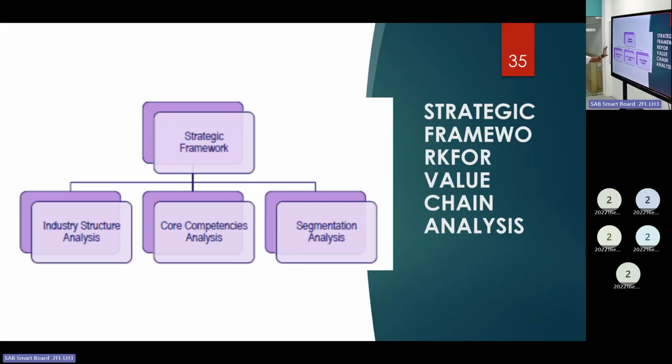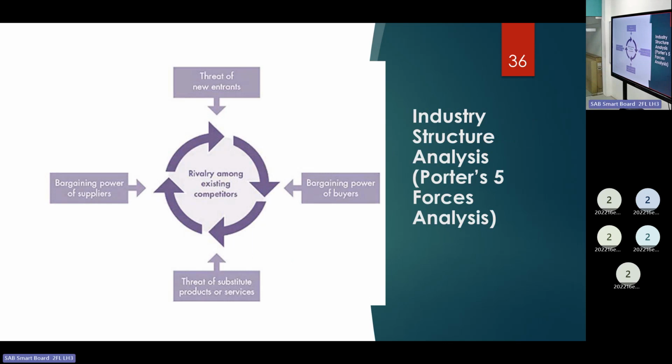Under that, we are going to discuss industry structure analysis, core competency analysis, segmentation analysis, 3 areas. So for industry structure analysis, you can use this famous 5 forces model, where in different industries, competition is affected by different forces.